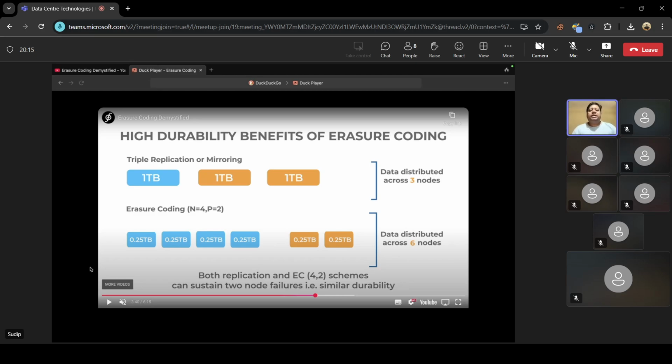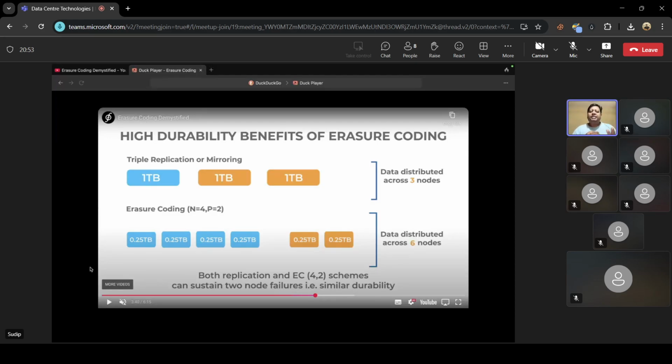When we say n plus 2 erasure coding, whatever n may be, it may be 3, 4, 6, or 12, you will still have only two parity fragments. That is why it is called n plus 2 erasure coding. Because you have only two parity fragments, the maximum number of disk failures that you can sustain and still recover the data is 2.